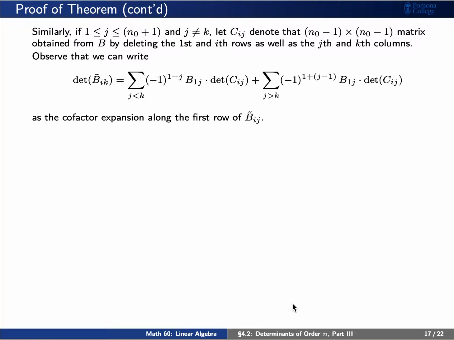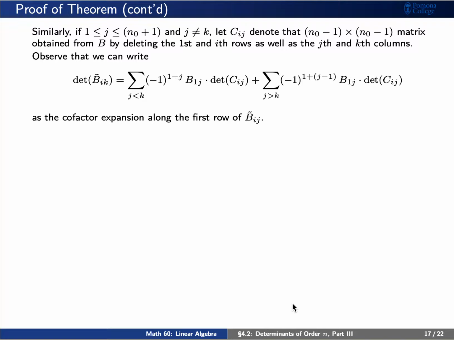Well, if i is greater than 2, then along the first row, we just find the entries of B, namely B_1j. We have to be careful not to look at B_1k, because really we're just considering what happens when we delete column k. So we have a sum, B_1j, where either j is to the left of k or j is to the right of k.